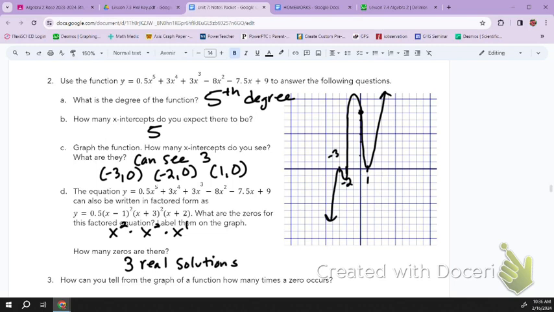There are no imaginary ones because these two touch at -3 and then touch and bounce off the graph at +1. Okay, so when we look at factored form, it's important to also look at the exponents. The exponents on each factor. Questions about that? Are we seeing exponents on the factors now?